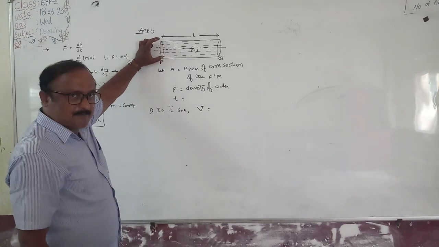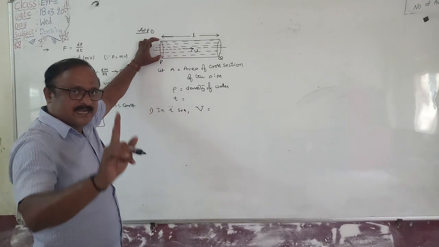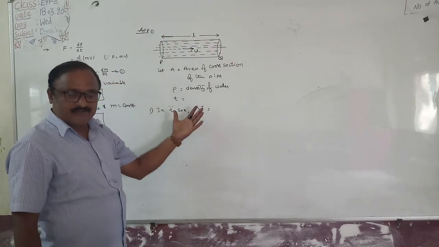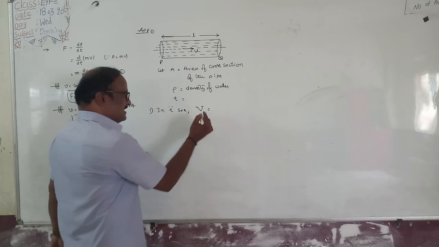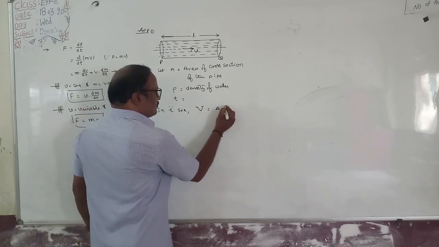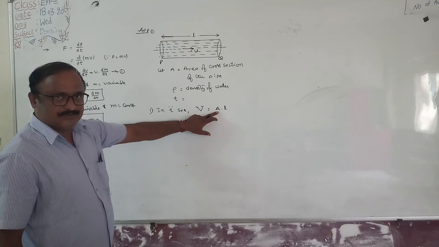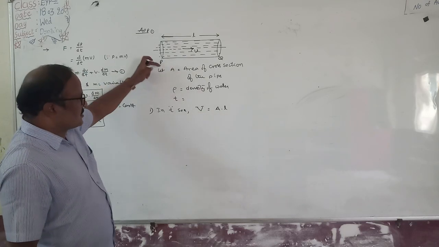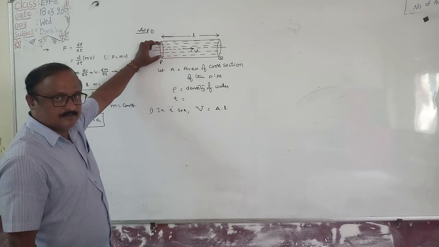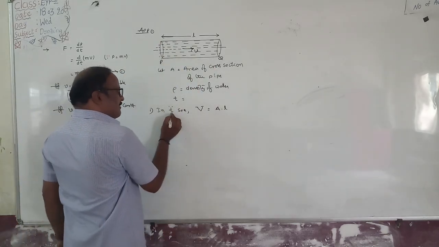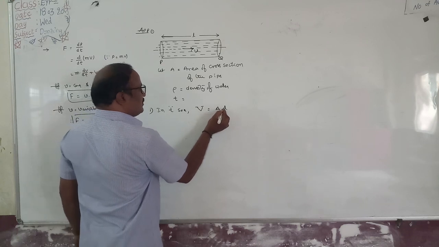What is the shape of the pipe? This is cylindrical. Volume of the cylinder is equal to area of cross section into length. That means V is equal to A into L. Sometimes A is also equal to pi r square because the cross section is circular here. So, volume of water flowing through the pipe in a time of t seconds is equal to A into L.